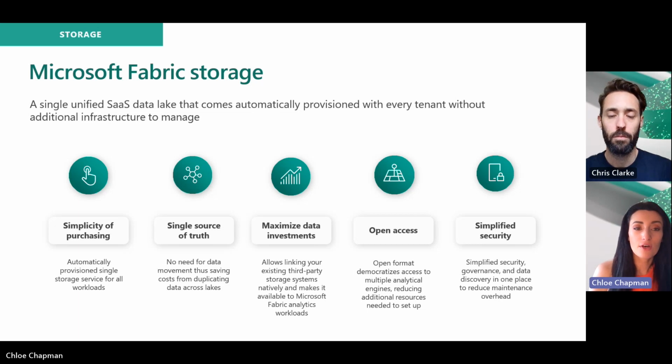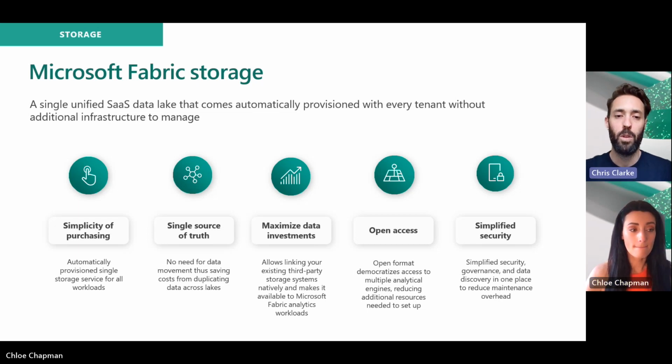So you can even add files directly from File Explorer, for example, in any format. You also have shortcuts to access data from other third-party sources, which are accessed via OneLake rather than creating copies. And with all of this data being in one source of truth, your security is simplified. Because all of your data is in one place, it reduces the maintenance and management around your storage security.